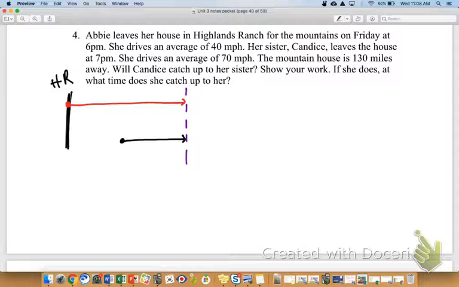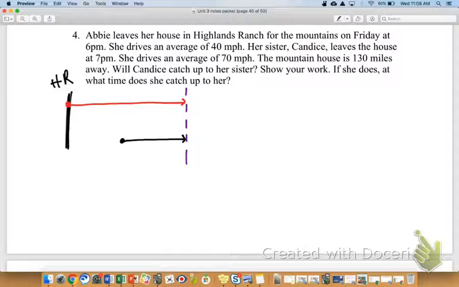Oh. 40 and 70, right? Mine says 60. Yeah. Oh, really? Yours says something different than mine? Yeah. That's weird. Okay. In the future, I might have you guys change to my numbers. There might have been some editing. But regardless, she's going faster, right? Regardless. Did anybody try to go past this?